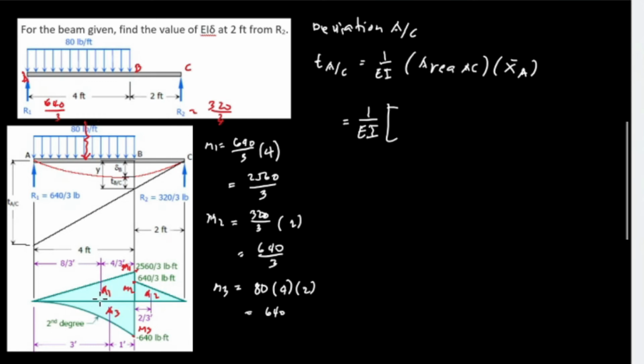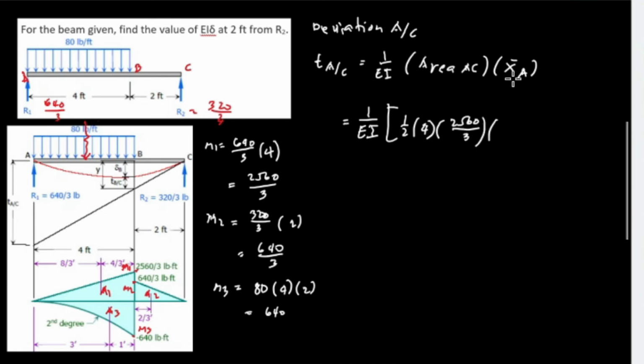First, for the area 1, that's a triangle, so 1/2 of the length, that's 4, and the height, that's M1, or 2560 all over 3.